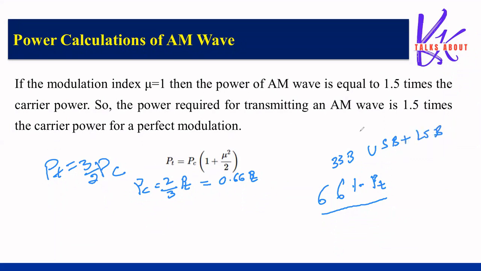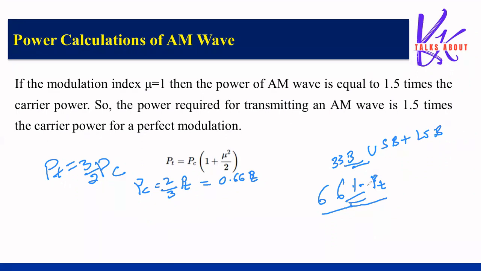That means the carrier, which has no information when the amplitude wave is modulated, is utilizing 66% of the total power, which is the power that is going to waste. So this is the drawback we have with the amplitude modulated wave.